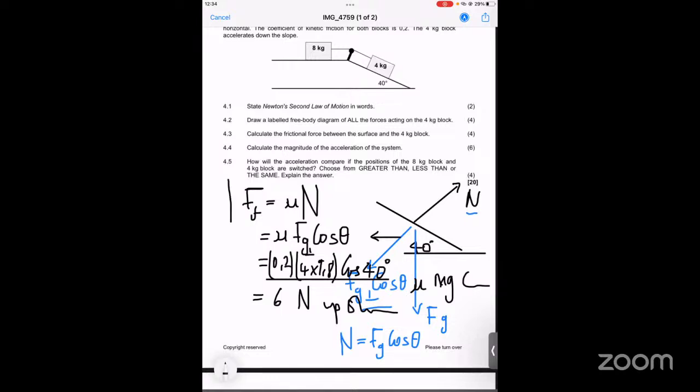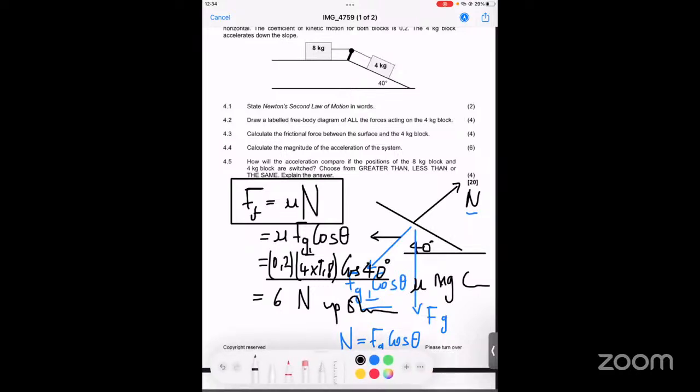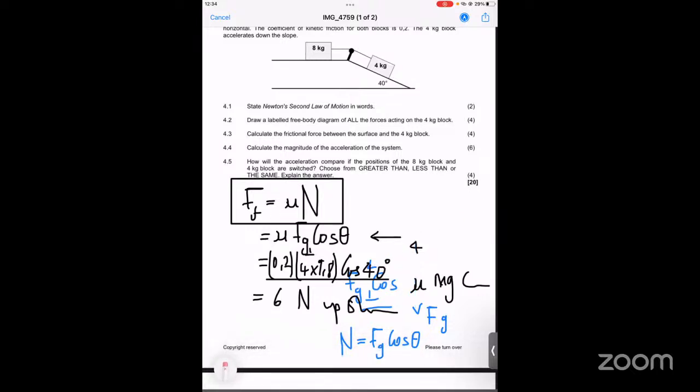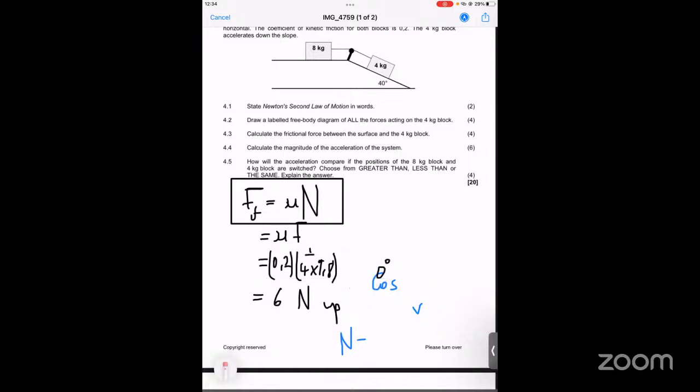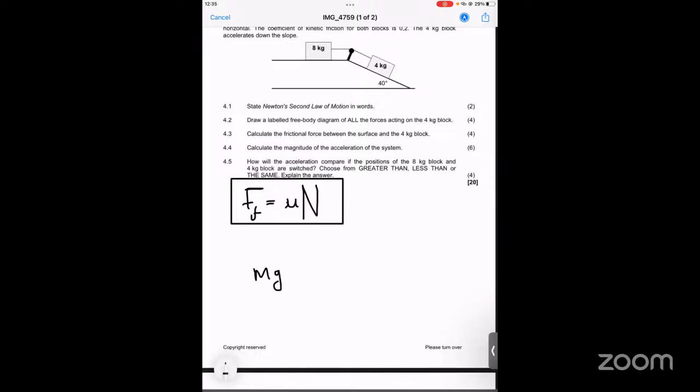Yes, you just need to always remember that formula. In order to determine your normal force, you need to know all the up and down forces. Sometimes you might find that you have a component. If a force is applied at an angle, there's going to be a component. You remember, Moose? Yes, sir. So if there is that component, then you will say mg equals your normal force. Sometimes you need to include that F applied component.